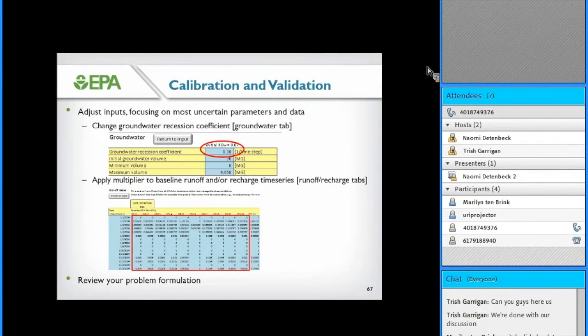And one way to do this is to apply a multiplier. So at 5%, you expect that your runoff is actually 5% higher than what comes out of the model by default when you use this baseline hydrology module. You would take your runoff time series offline, multiply by 1.05, paste them back in. So that's the way you would do that.